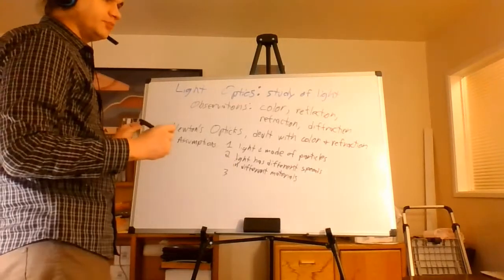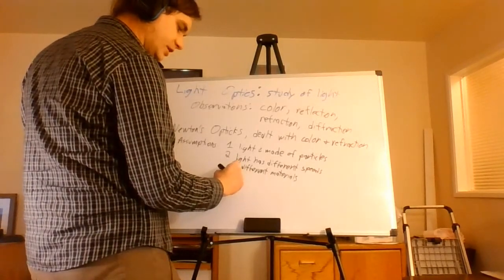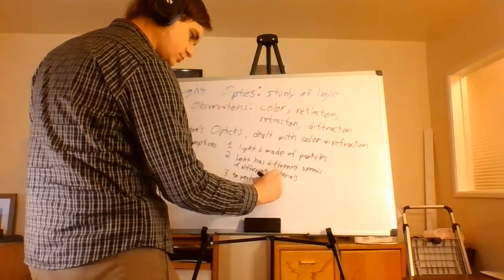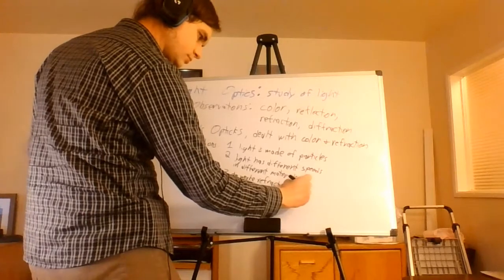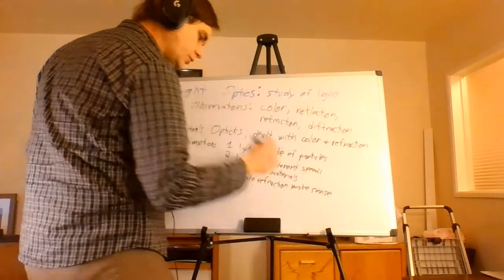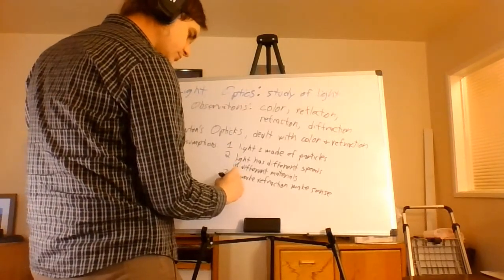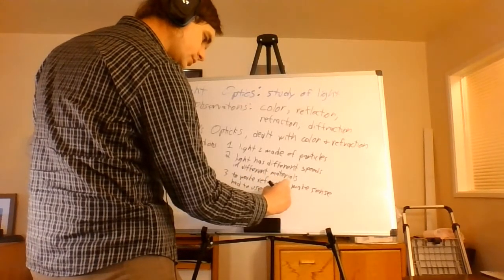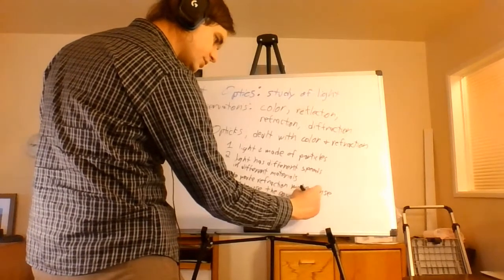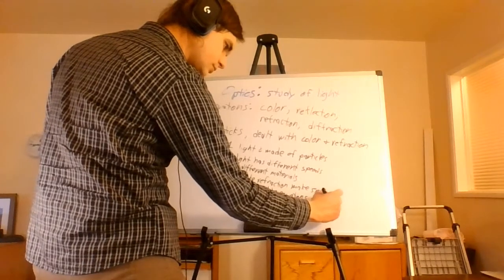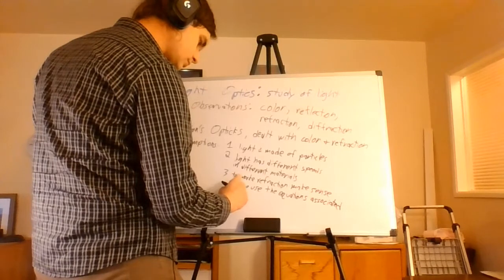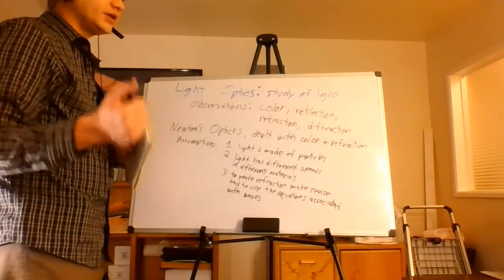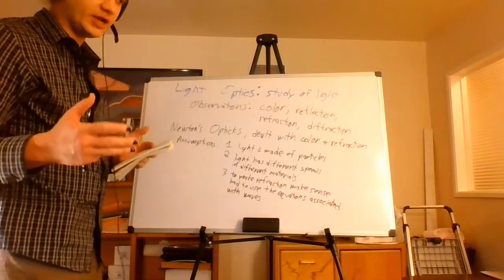And thirdly, unfortunately, in order to make refraction make sense, he had to use the equations associated with waves in order to explain why different colors of light were refracted at different angles.